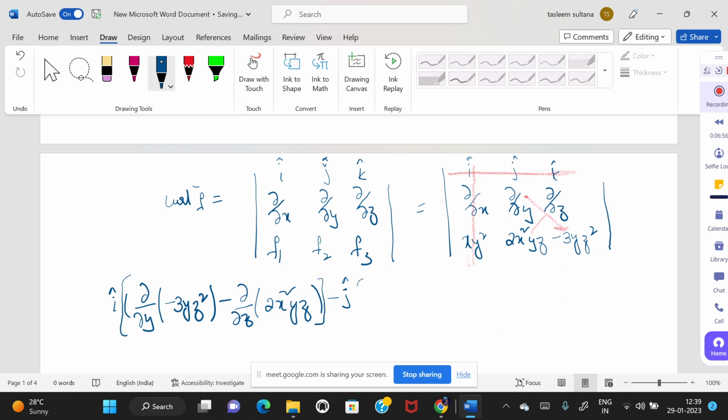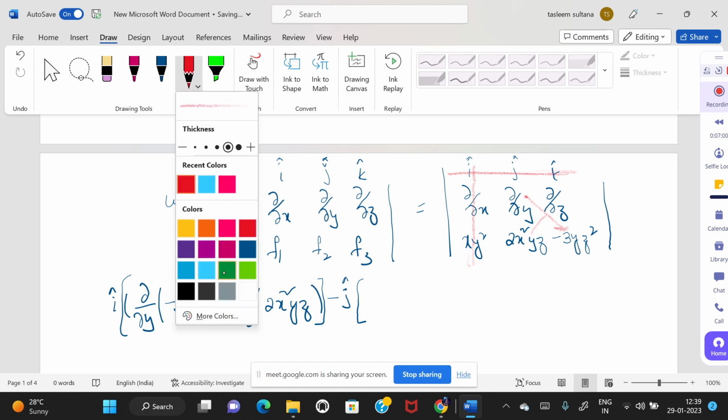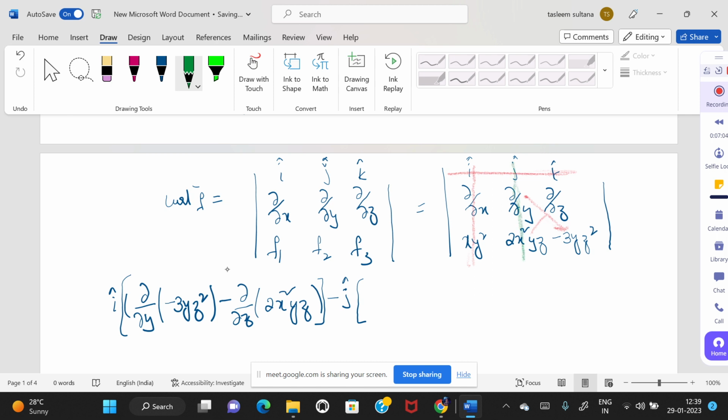Now when you're going for the j vector, you have to cancel these terms. This will get cancelled and this will get cancelled. You are left with this term, this term, this term and this term.